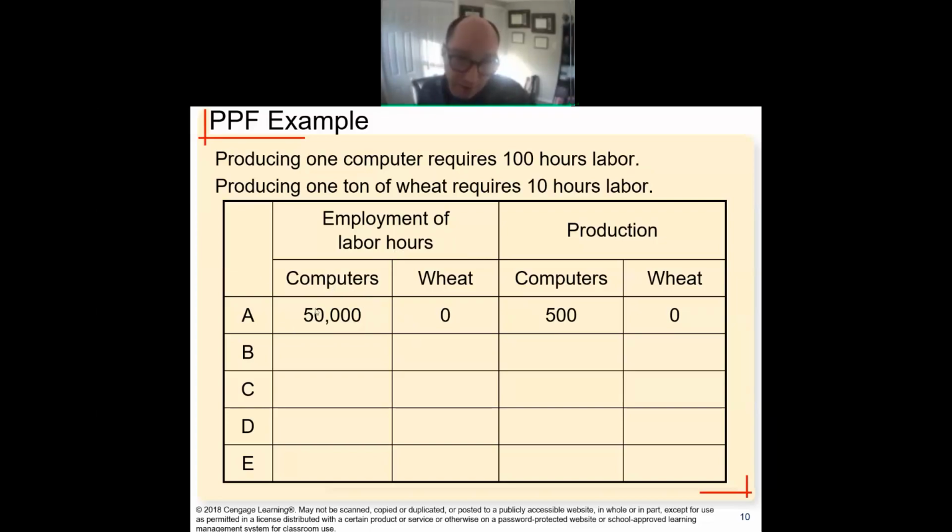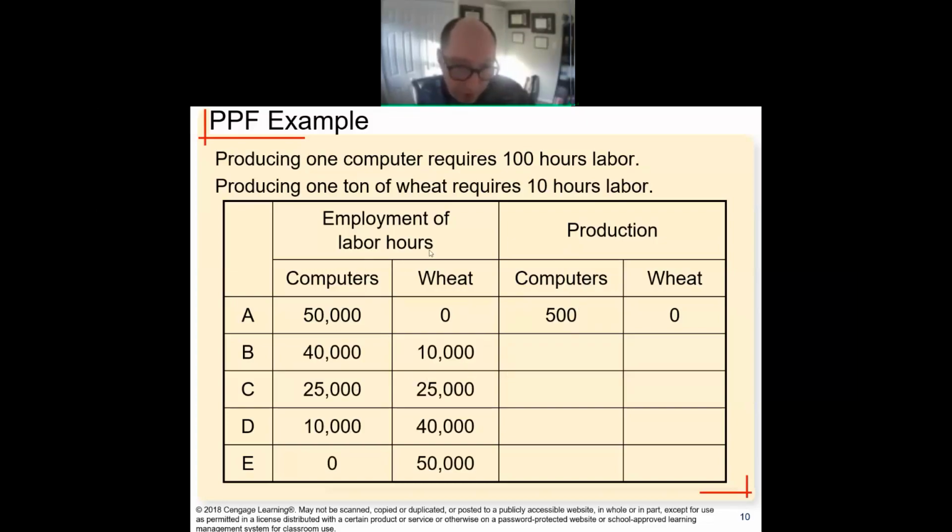If I have 50,000 total hours dedicated to computers, I can manufacture 500 computers. How do we figure that out? Well, it says it takes 100 hours to make one computer. So if I have 50,000 labor hours divided by 100 hours, that gives me 500 computers total.